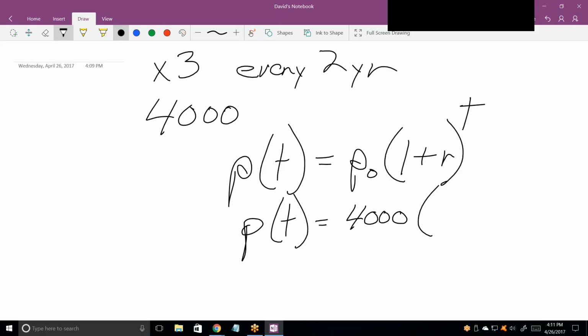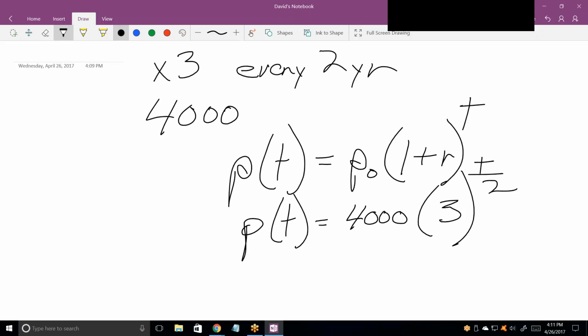Well, when t is 2, you would want this to be 3. So you'd want it to be 3 to the t divided by 2, using the same logic as the previous problem. I think that works. In other words, first of all, when t is 0, the population is 4,000.